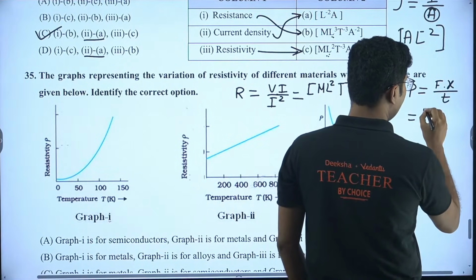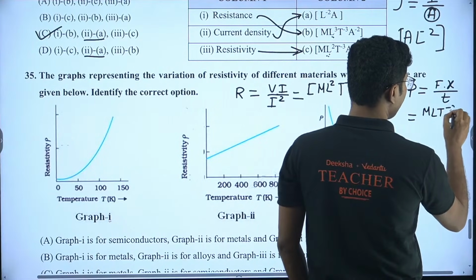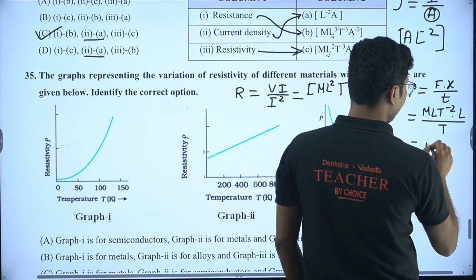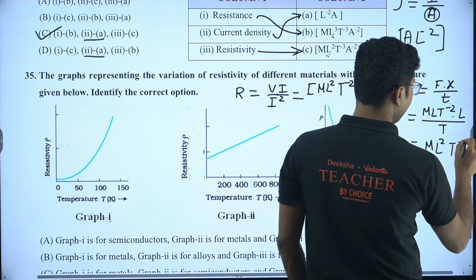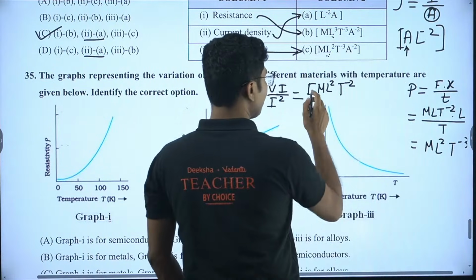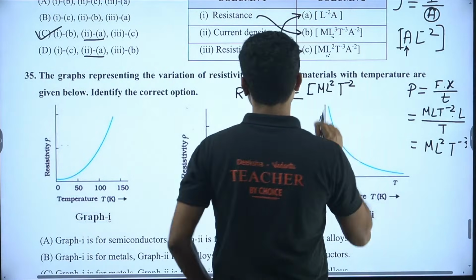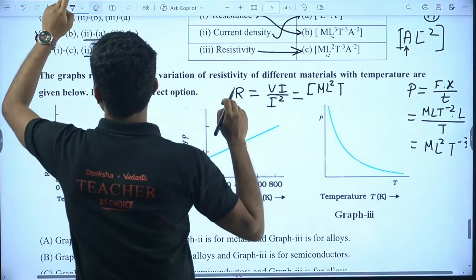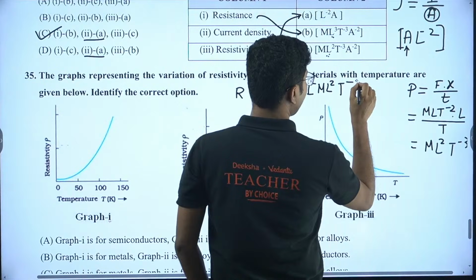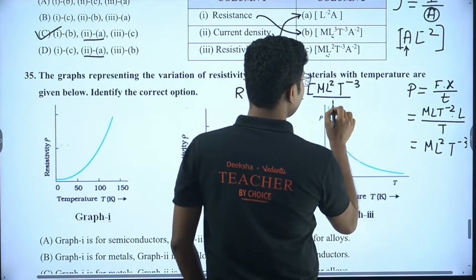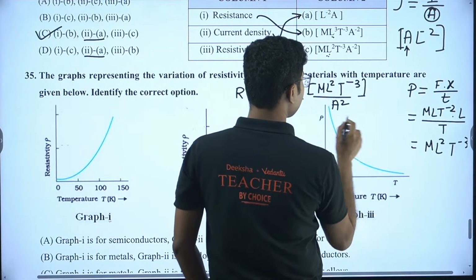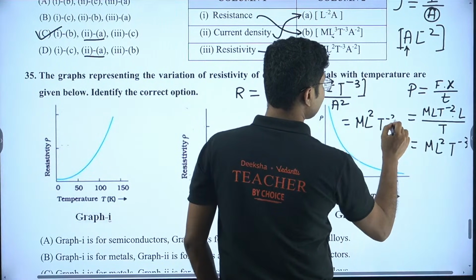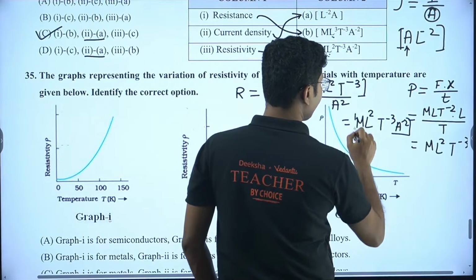Now force is M L T to the power of minus 2, and another L from displacement, divided by T. So power is M L square T to the power of minus 3. If you put it over here, divided by I square, you will get M L square T to the power of minus 3 A to the power of minus 2. So this is the dimension of resistance.